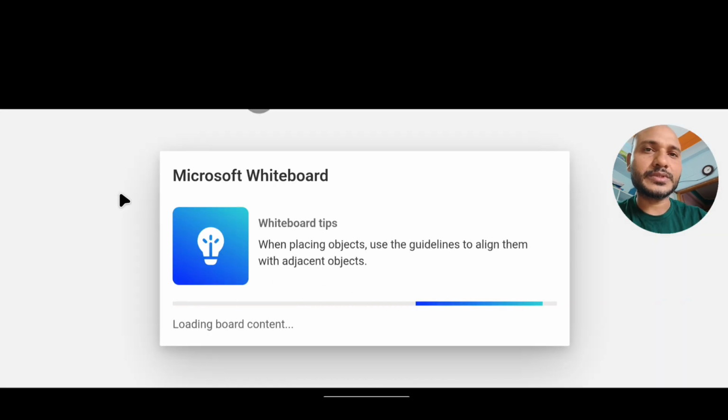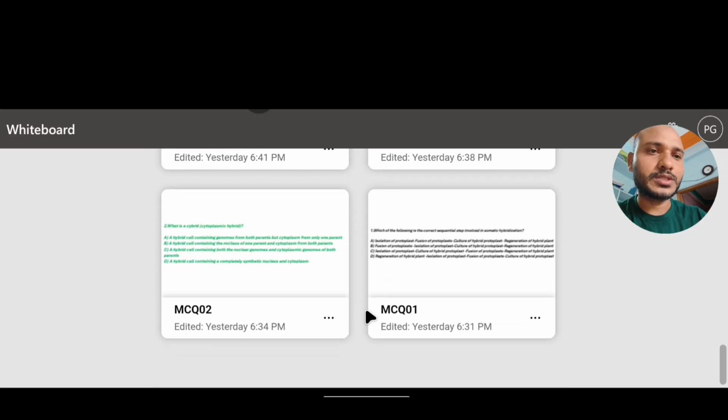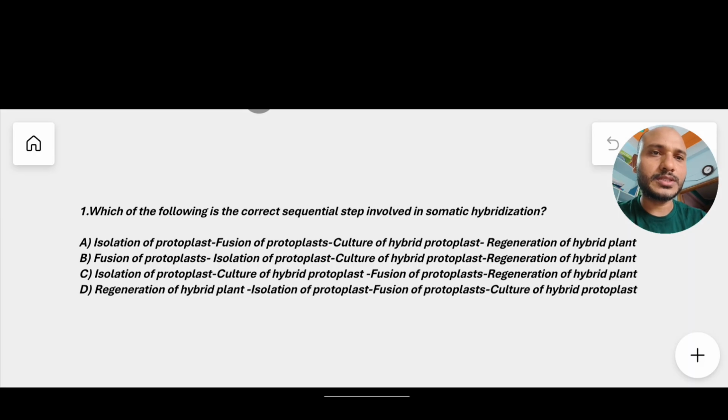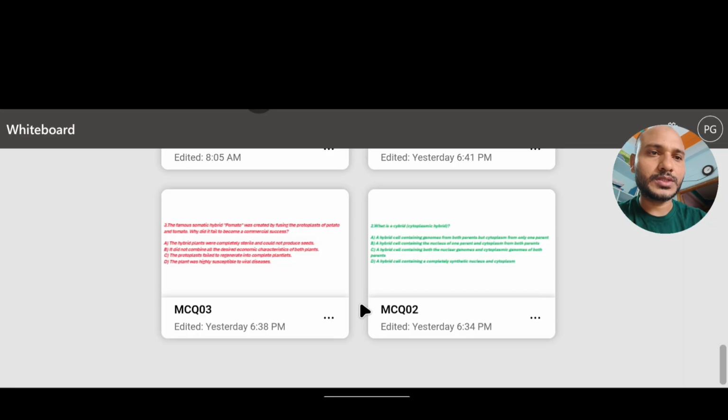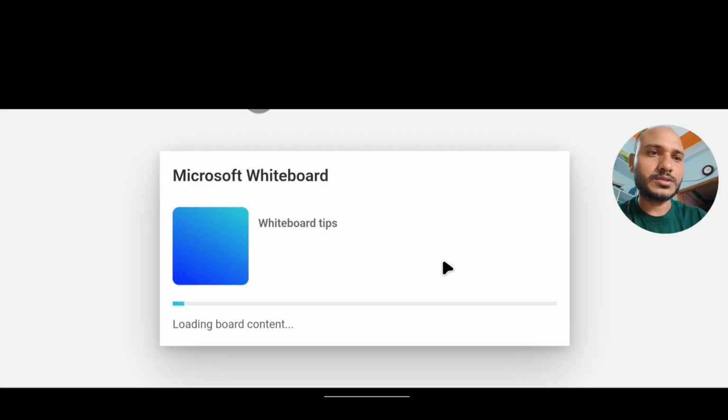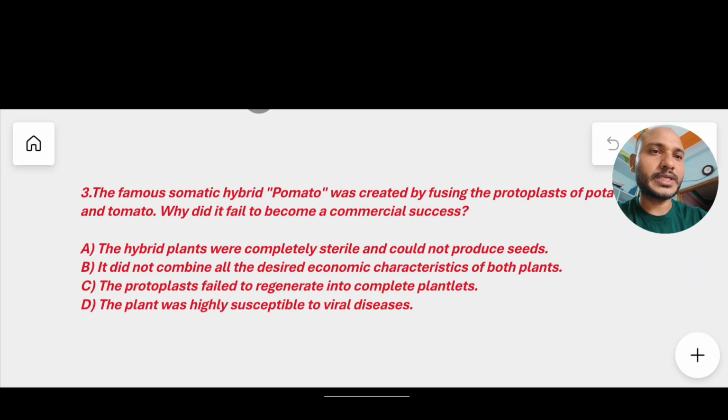Now it's time for a self-test. Here we have 4 MCQs on this screen. Which of the following is the correct sequence of steps involved in somatic hybridization? One more MCQ. Here MCQ 2: what is a cybrid? Just now we discussed the cytoplasmic hybrid. And one more MCQ here. The famous somatic hybrid Pomato was created by fusing the protoplasts of potato and tomato.